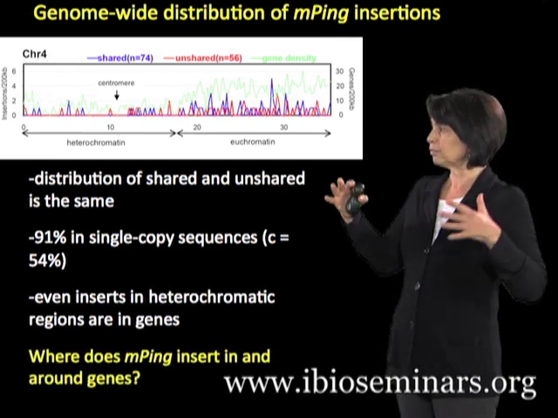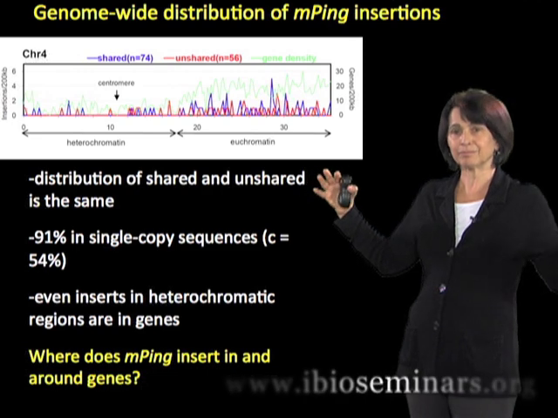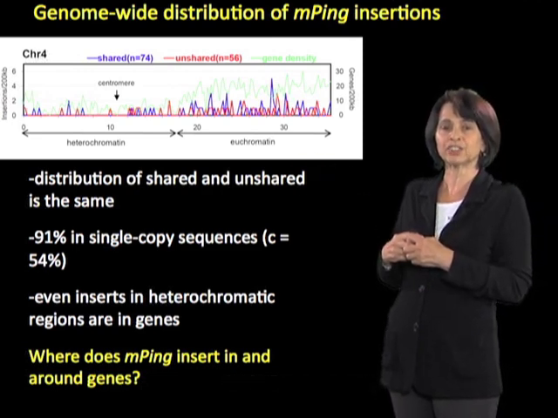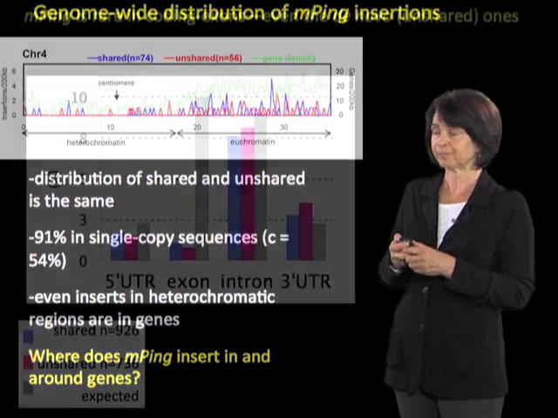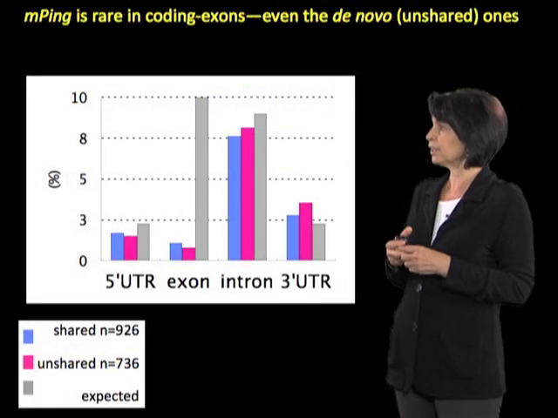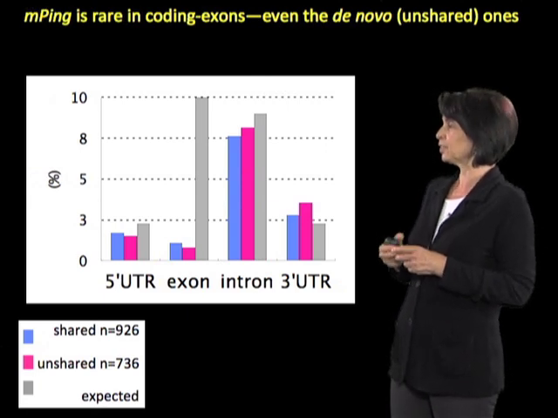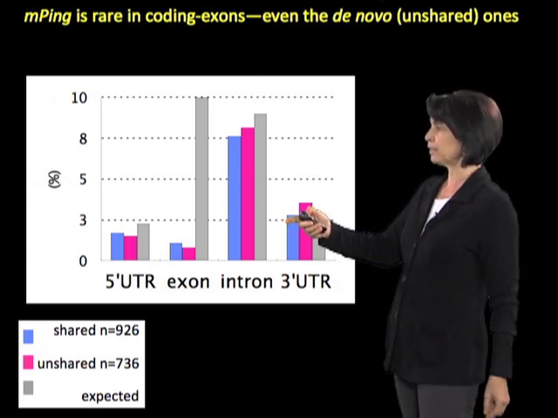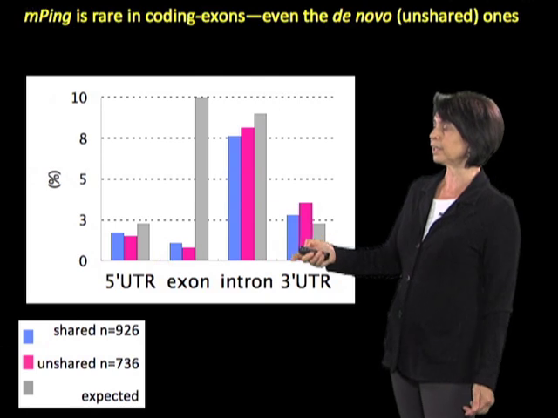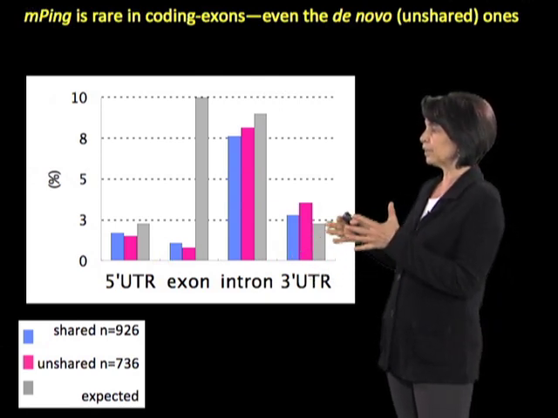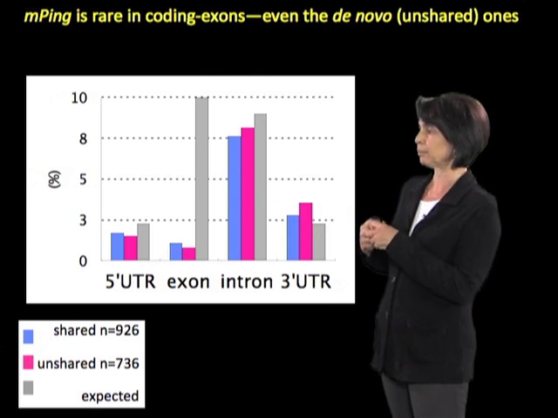So now we've looked at a large scale throughout the chromosomes. Let's look more closely and see where Emping is inserting in and around genes. So here's a summary with a very surprising result. We're looking at insertions in the 5' untranslated region, in exon sequences, in intron sequences, and in the 3' UTR.